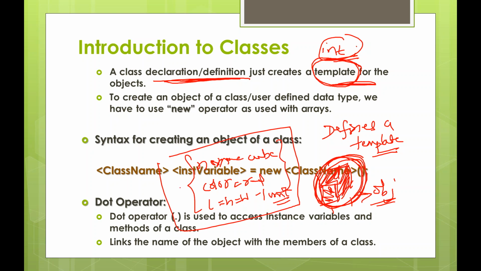Just by describing an object, you are not getting the object, right? You are telling this is what my requirement is, this is how my object should look. It should be a cube, it should be red, and the dimension should be 1 unit.